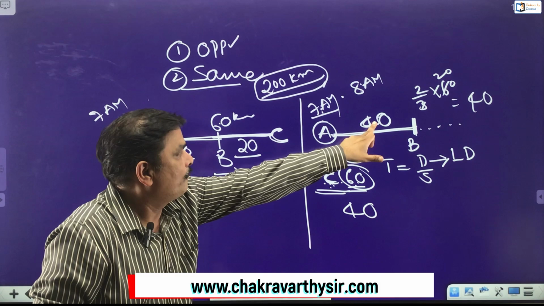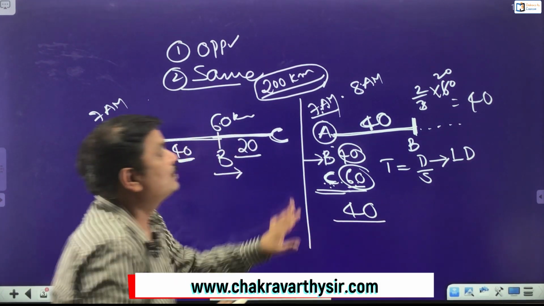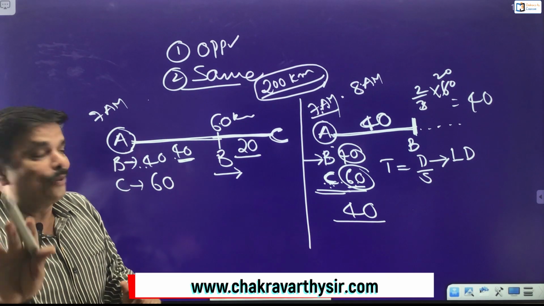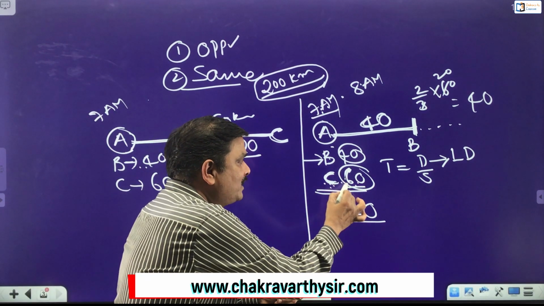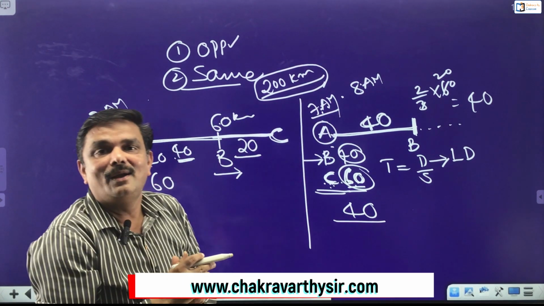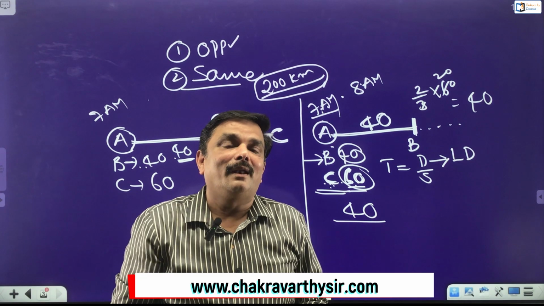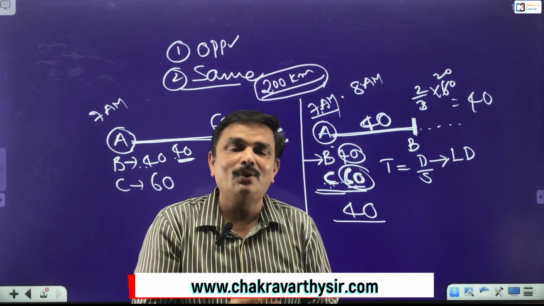For this car, 40 kilometers is the lead distance divided by speed. Now I cannot take only the speed of the car because the bus is also in movement. For that reason, the speed will be reduced. The relative speed concept comes into the picture.